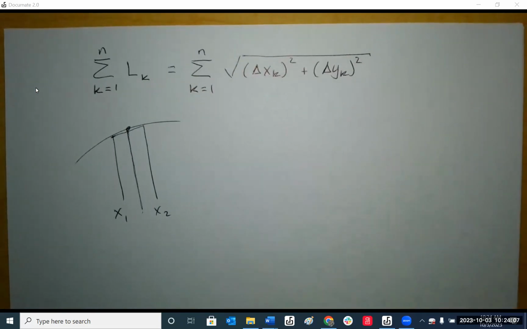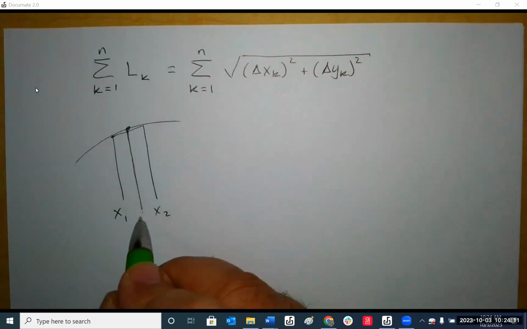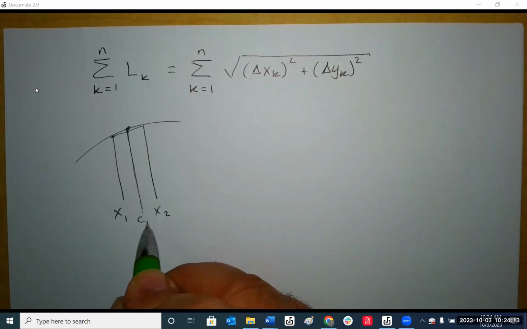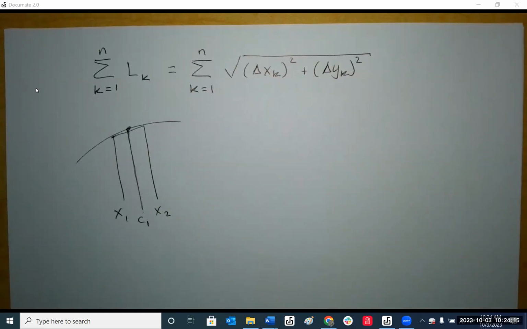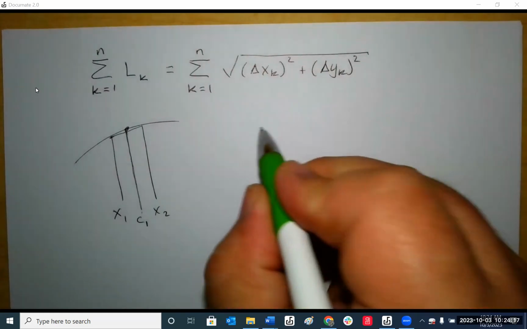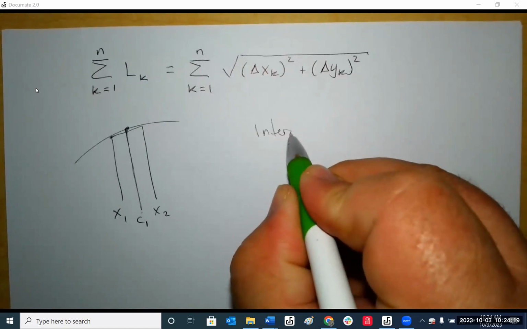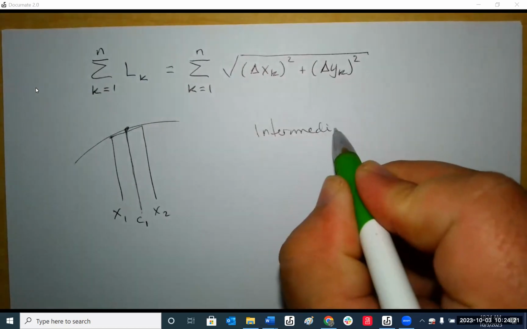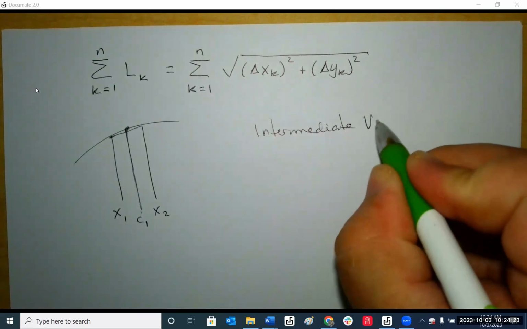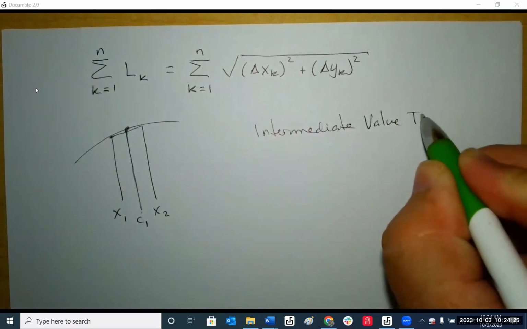Remember, we have to now relate this to the function itself. We call this c1. That came from the intermediate value theorem.